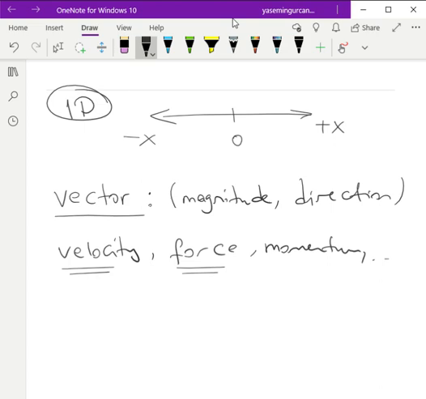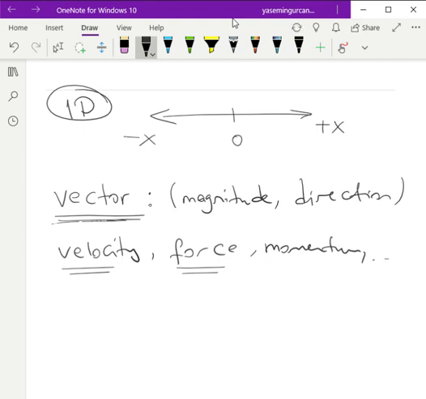Before I get into the details of velocity, I want to give you a definition for the vector. In physics, we have quantities that have directional sense. What I mean by that is that when you apply a force toward the right, you observe the object move to the right. It doesn't move in the vertical direction or any other direction.